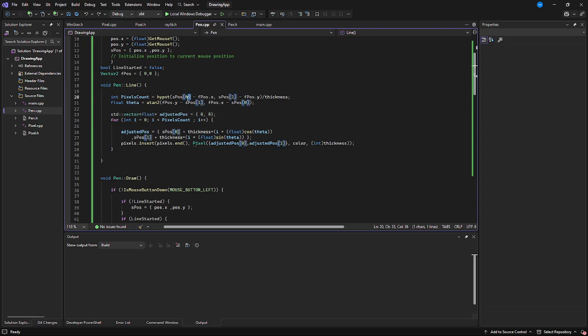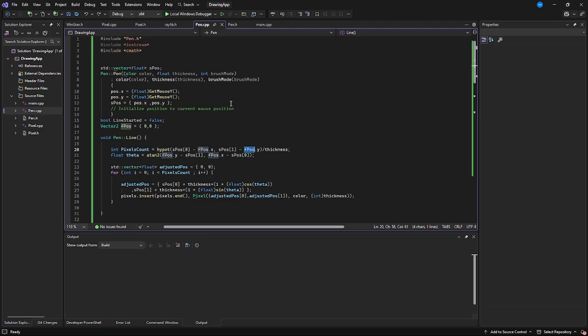The reason why this is a regular vector and this is a vector too is really only because I wanted to have this be a float for something else, and this can't be a float, so that was the only real reason. Then I divided by the thickness. The thickness is the size of each pixel.